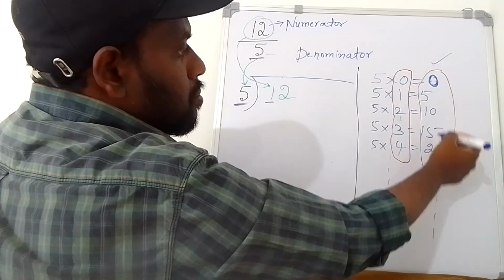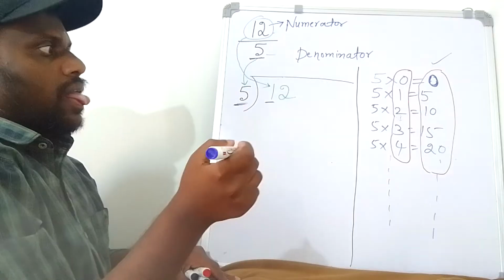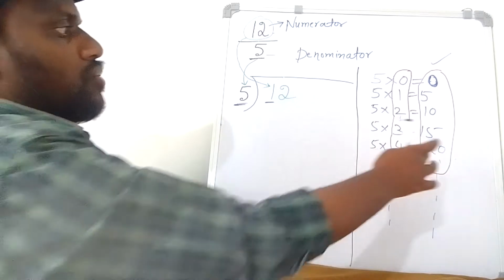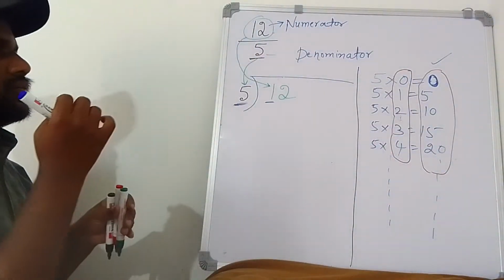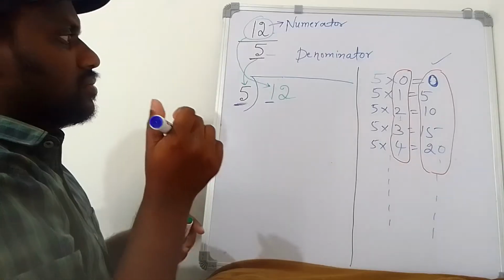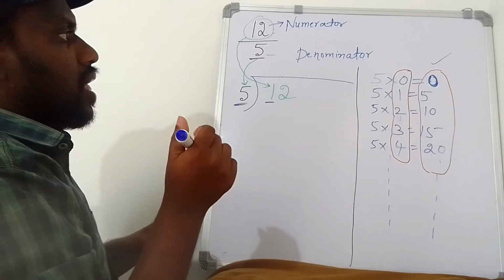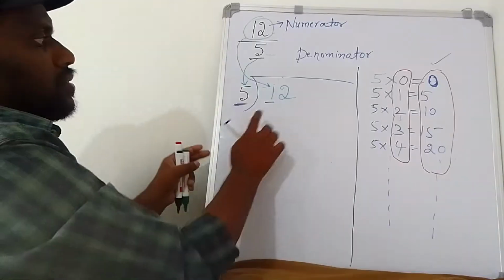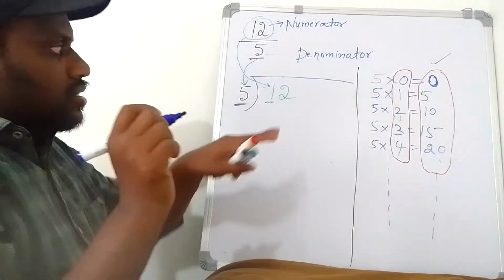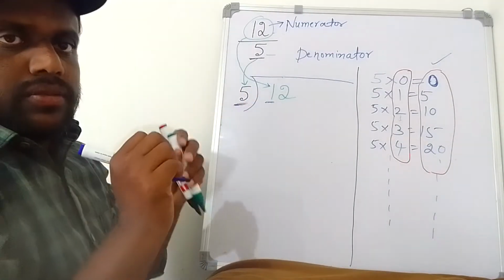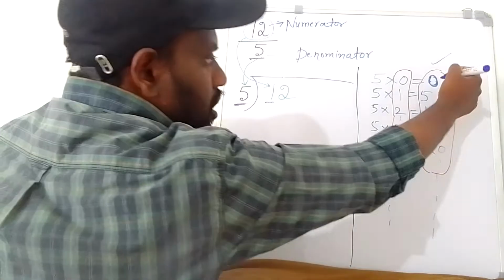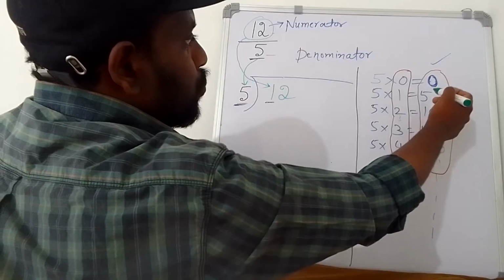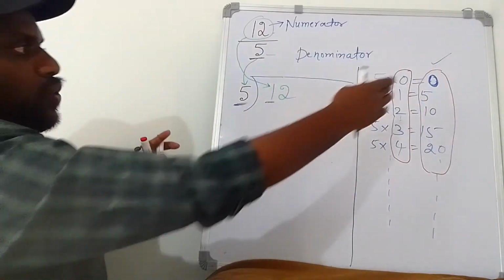These are called multiples of 5. You check whether this 1 exists in this column. See here? Exactly 1 is not there.